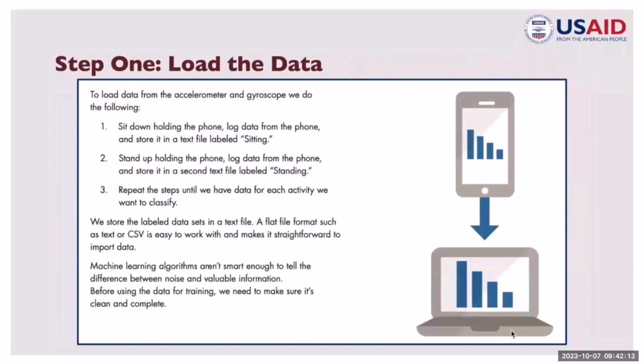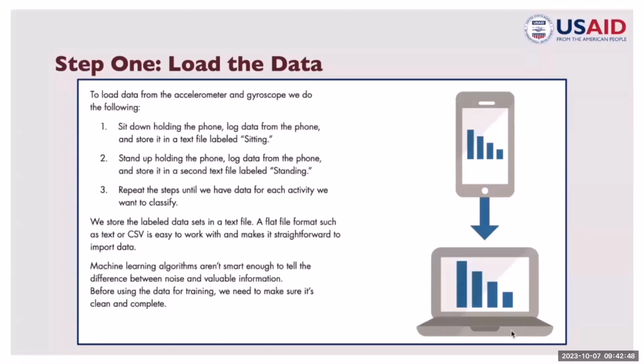The first step is to collect and load the data. Now, as mentioned earlier, the data will be coming from 2 types of sensors, specifically accelerometer and gyroscope. For us to be able to acquire the data, we need to do the following. First, sit down holding the phone, log the data from the phone, and label it as sitting.